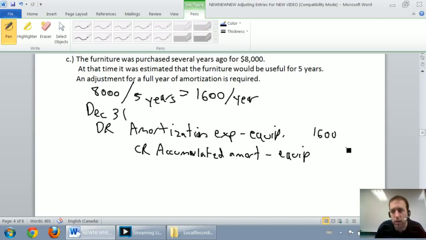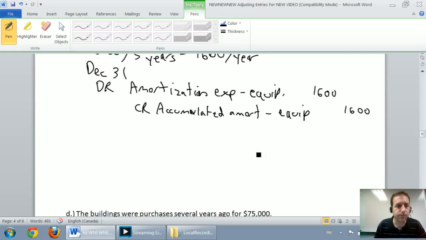Now, in your class, you might call this depreciation expense. It's all the same to me, no difference. So debit amortization expense, credit accumulated amortization, and we're all set. Amortization entries are always the same.